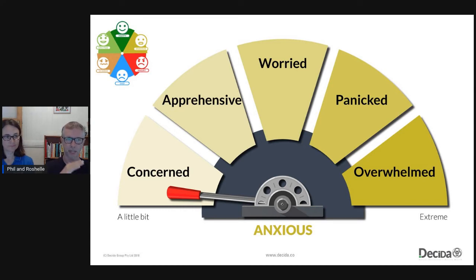actually, I need to dial this back. I can still be a little bit anxious. I can be concerned. I'm allowed to even be apprehensive, but as soon as I get worried, panic, and overwhelm, I lose control, right? So it's about going, I'm allowed to just be concerned about it, and that keeps you in control. If someone else is panicking, the last thing you need to do is just go, just settle down, just calm down. Oh my God, that's like oil on the fire, right?